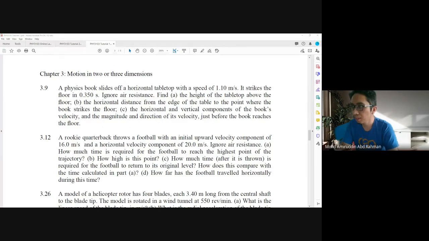It strikes the floor in 3.35 seconds. Ignore the air resistance. We need to find, for A, the height of the tabletop above the floor, and B, the horizontal distance from the edge of the table to the point where the book strikes the floor. So the problem basically is like this.